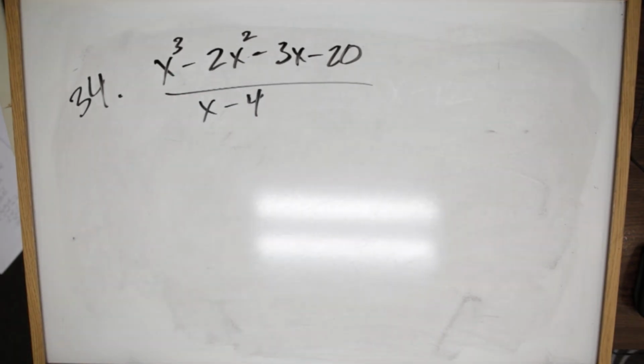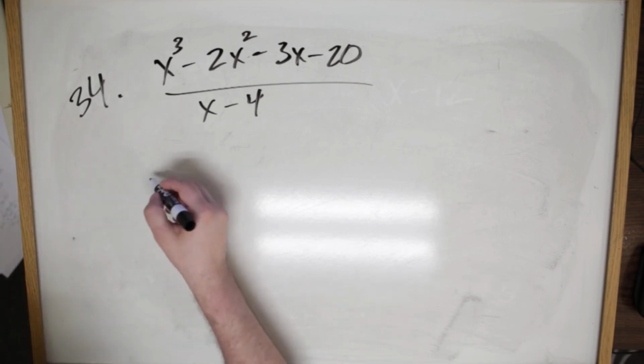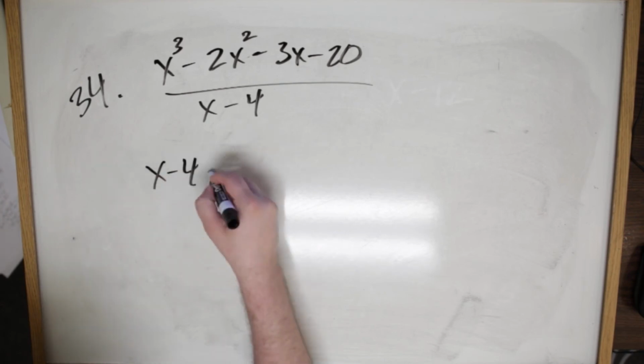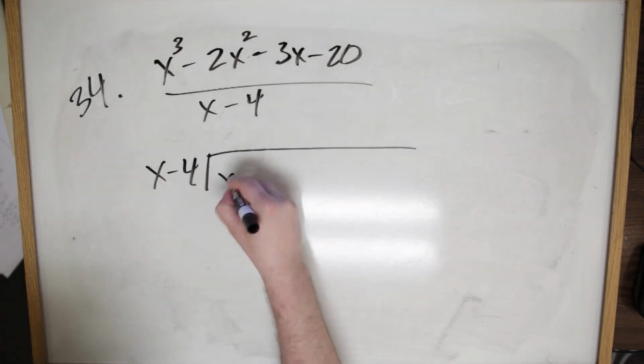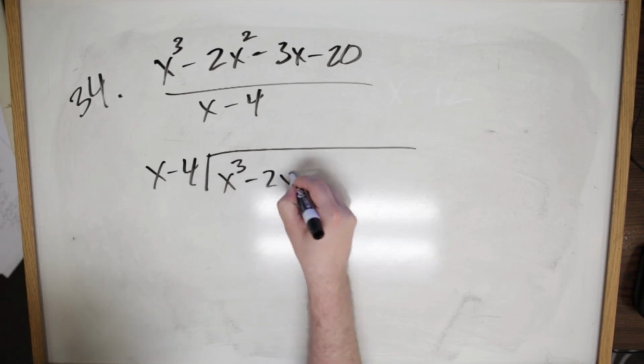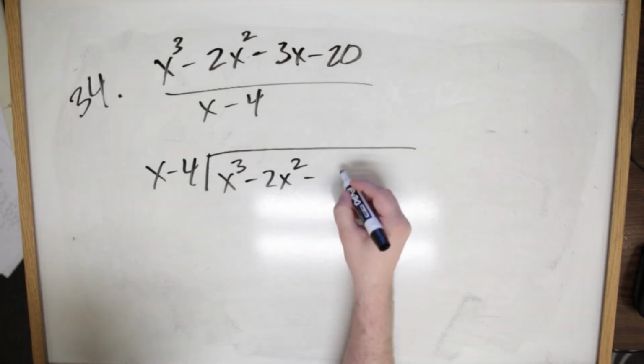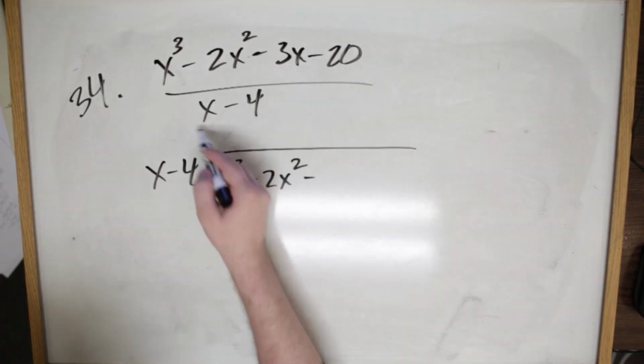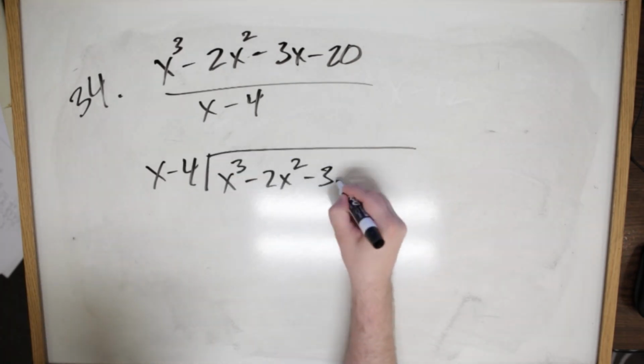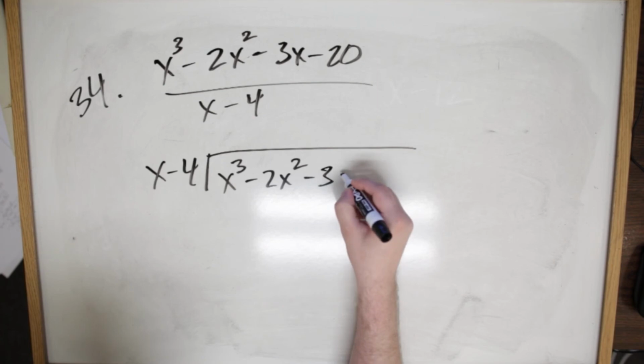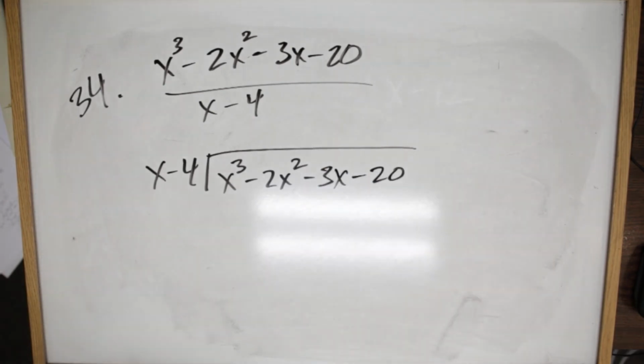And again, after this one, I'm going to show you how to do synthetic division, because synthetic division is really cool, and it's a super fast way of doing these problems. But the long division way, there are just instances where you just have to do it. You can't use synthetic division. And remember, you can only use synthetic division when you have something that actually is of this form. So that works. If I have an x squared or x cubed or something in the denominator, it's just not going to work. Okay, so here we go.